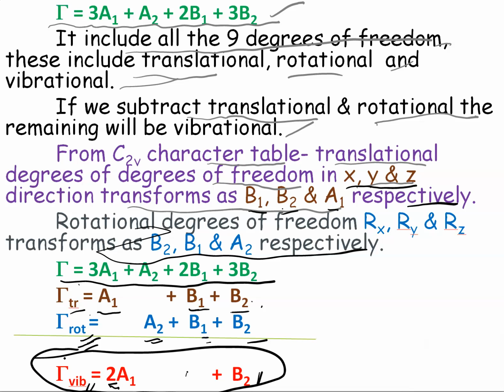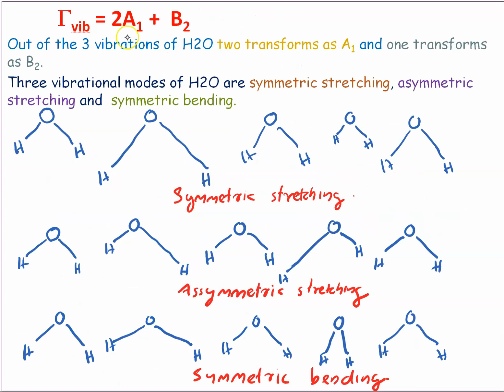So the symmetry corresponding to vibrational degrees of freedom is 2A1 and B2. That is, gamma vibrational is equal to 2A1 plus B2. Others are rotational and translational.